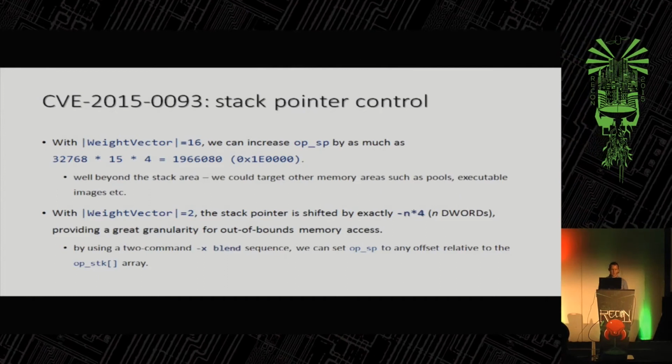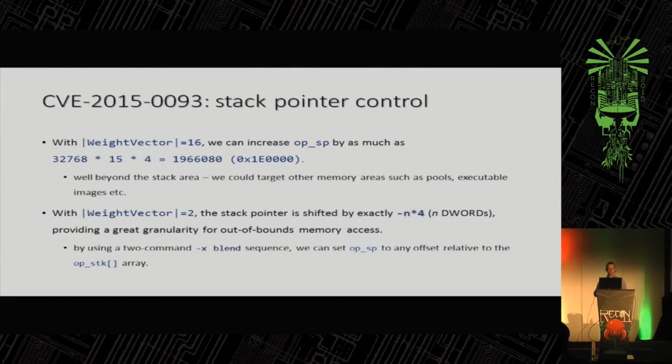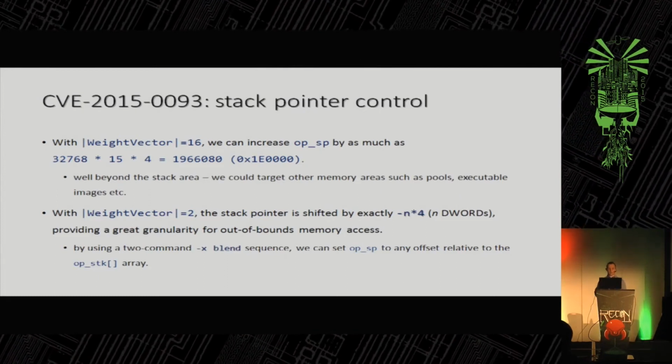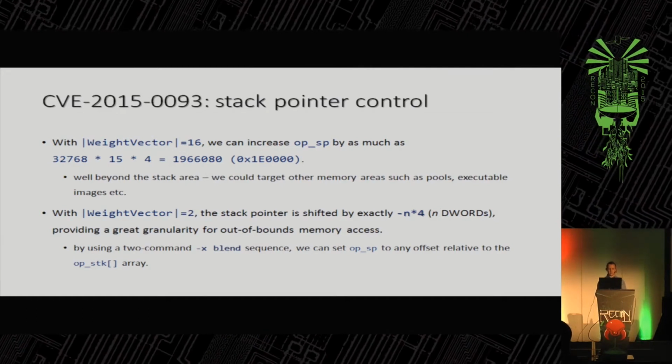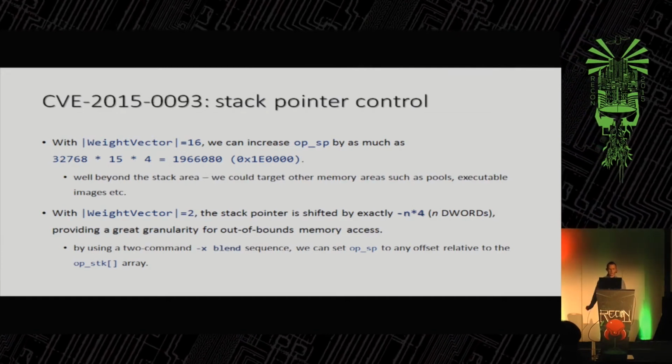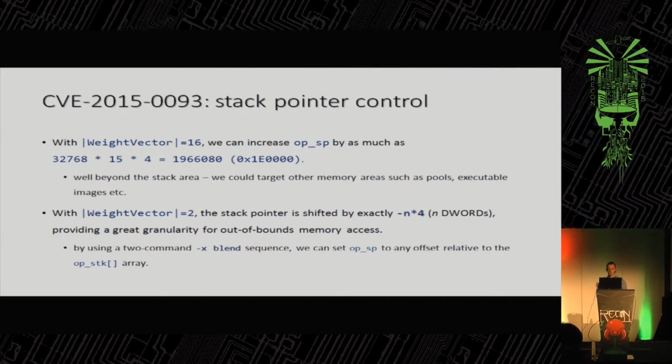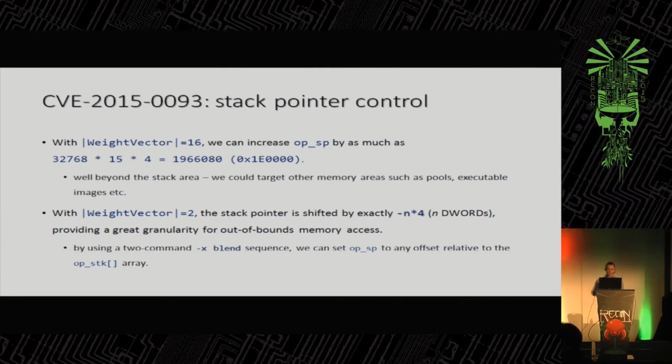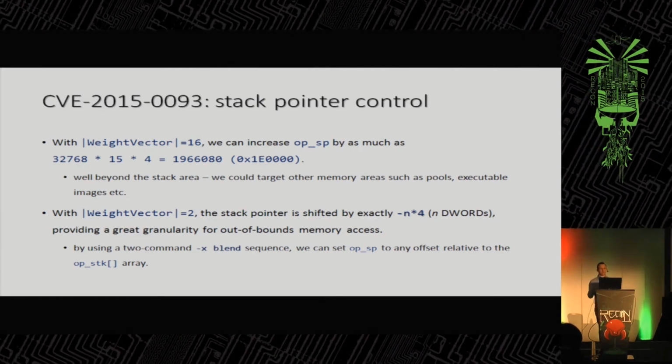What we can do with this is that, since the maximum length of the WeightVector is 16, if we set it to 16 values, then we can move the operand stack pointer by as much as almost 2 megabytes, which is well beyond the stack area itself.